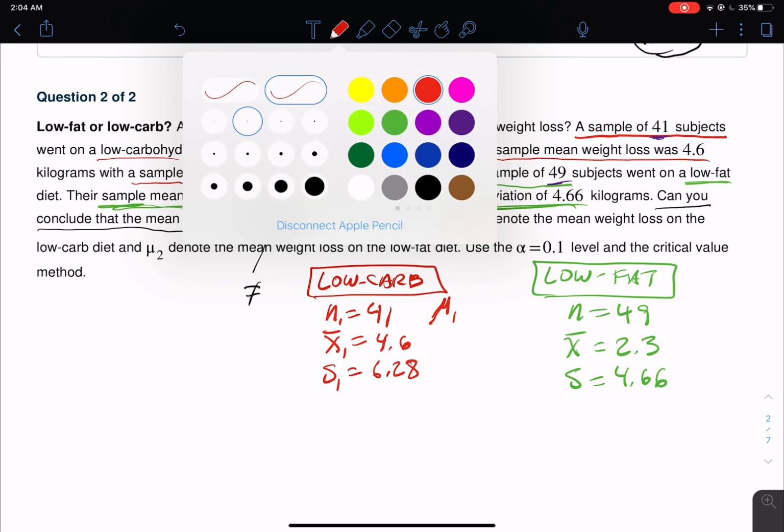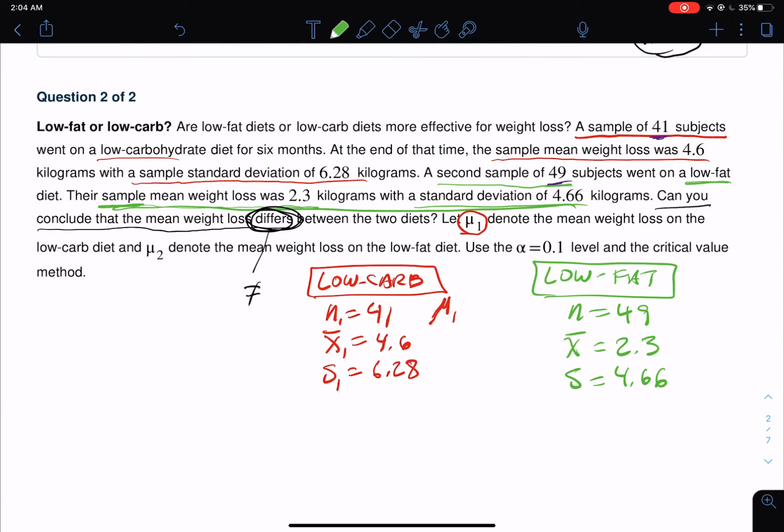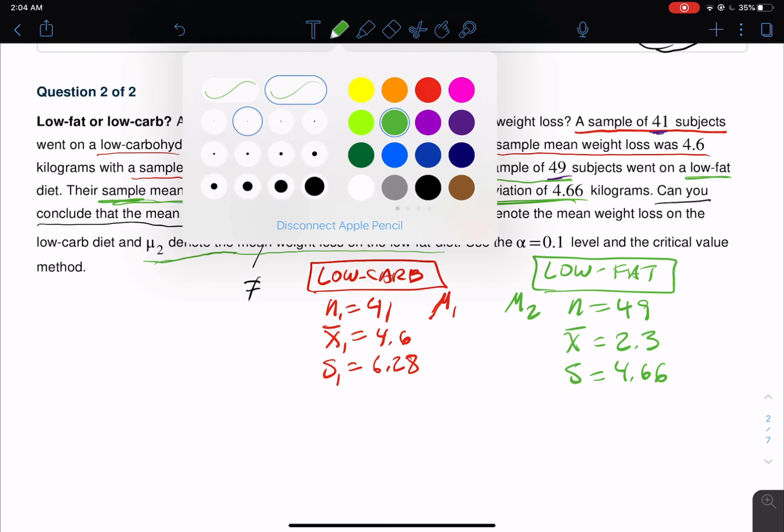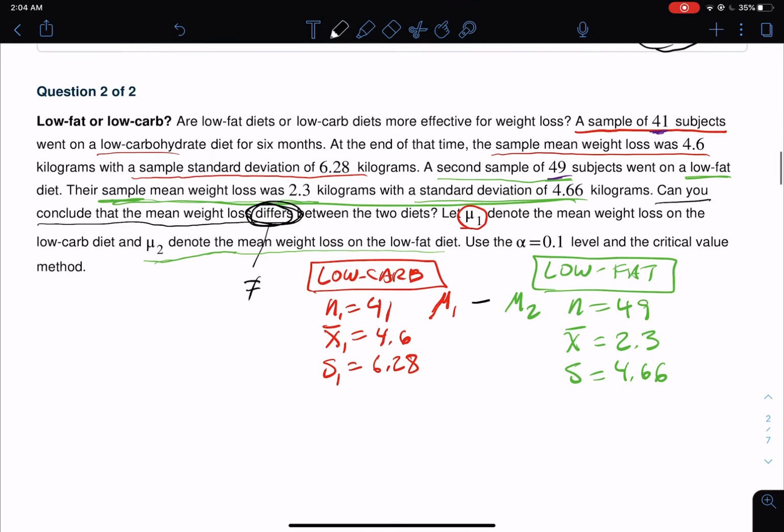And then it says mu sub 2. Mu sub 1 denotes the mean weight loss on the low-carb diet. Mu sub 2 denotes the mean weight loss on the low-fat diet. So this one is mu sub 2. And now, let's see what else. Okay, now we just said they differ, so let me do that.